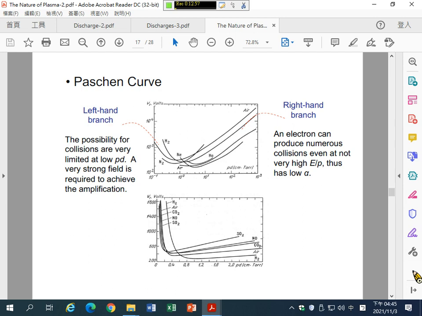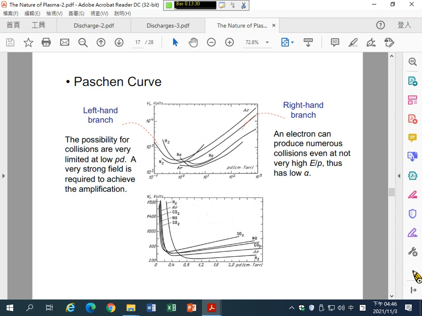But if an electron can only travel for a short time and then meets a gas atom, it will collide with the gas atom and scatter to another direction. So if the gas pressure is very high, there are too many collisions, and the energy of the electron is not high enough.